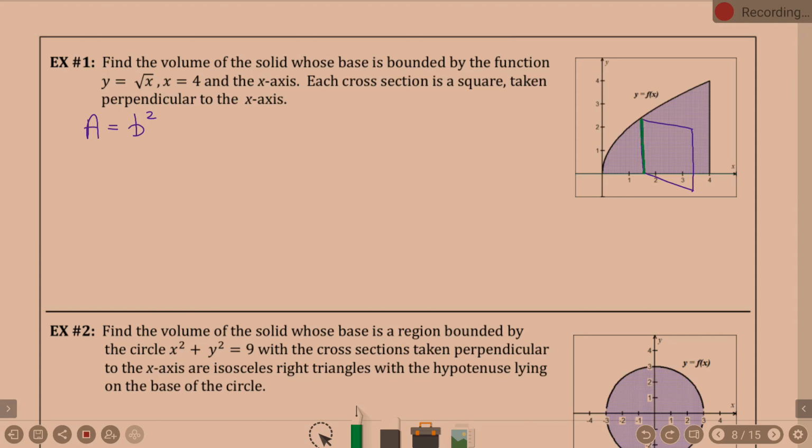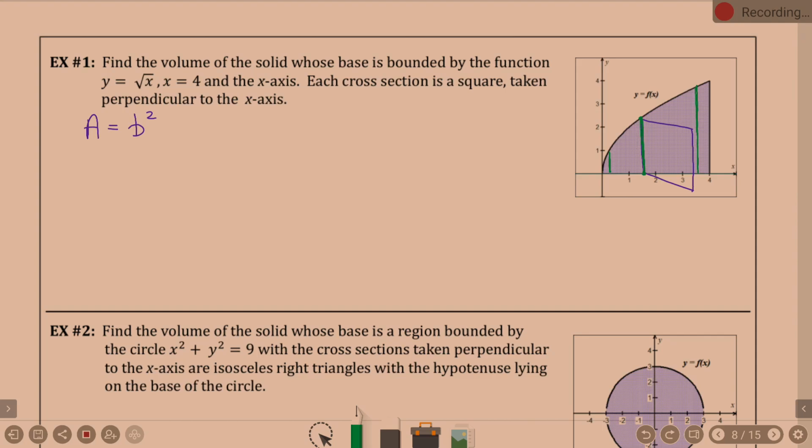I want to know the base of that square, that distance there. Well, is it always going to be 2 though? Mine's a little bit more than 2 where I happen to have it drawn, but is it always going to be the same? No, because a square over here is going to have a much smaller base, and a square over here is going to have a much bigger base. We need something that works for all of them.